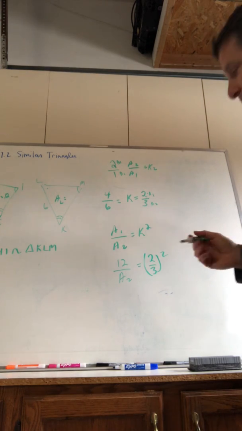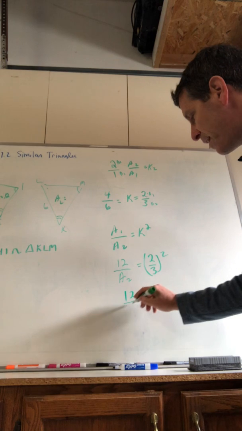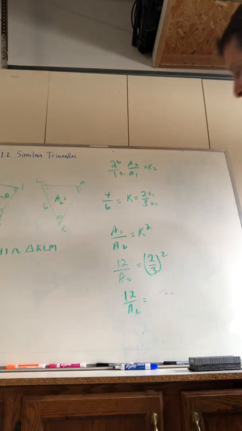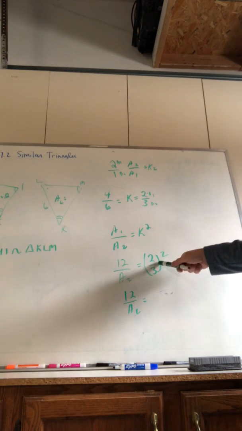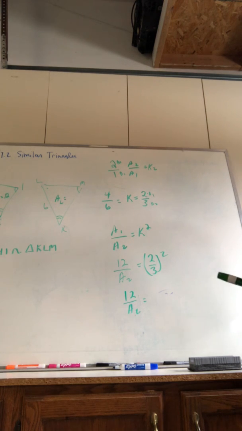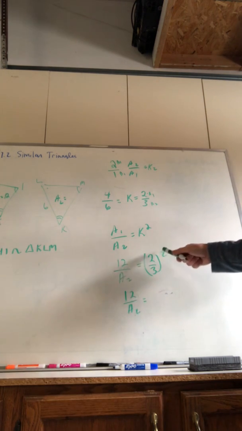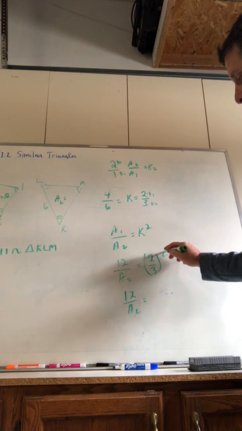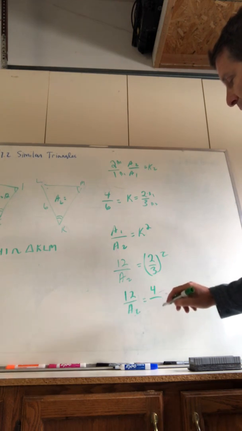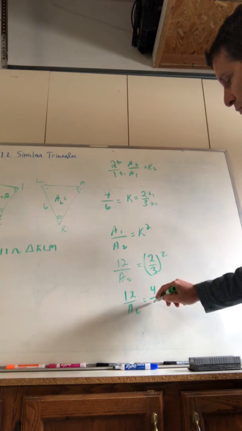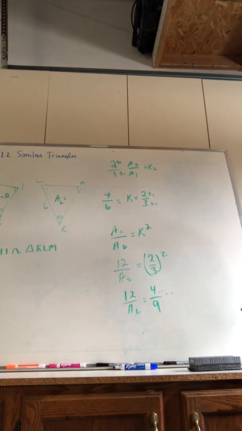Starting to simplify here. On my left side, I can't do anything. On my right side, remember when we have a fraction inside a bracket, both the numerator and denominator are squared. So 2 squared is 4, and on the bottom, 3 squared, 3 times 3 is 9.